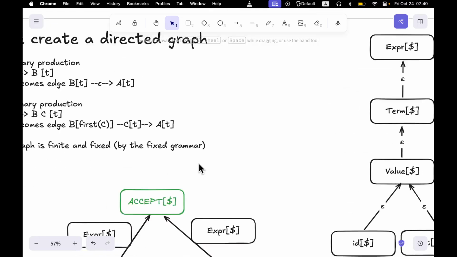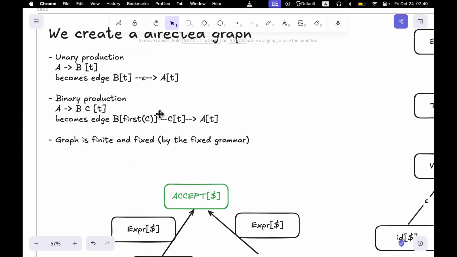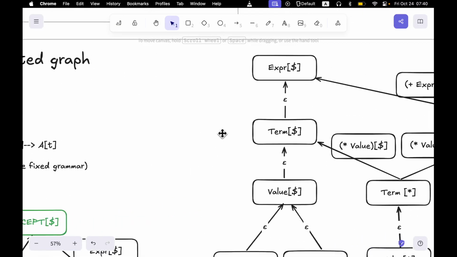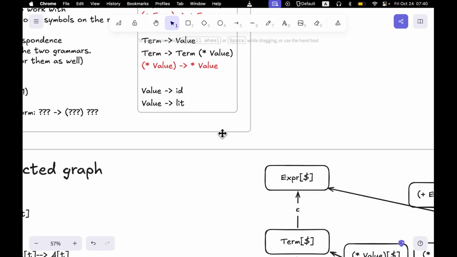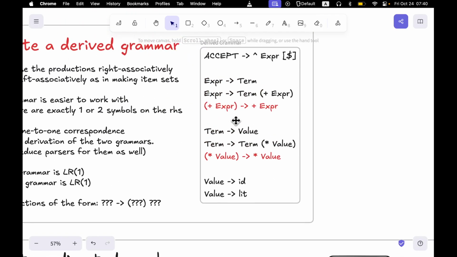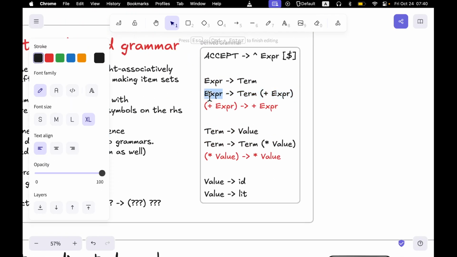And let's look at the example of a binary reproduction that became a directed graph. Let's look at this rule: expression produces term, and this term parentheses plus expression symbol.